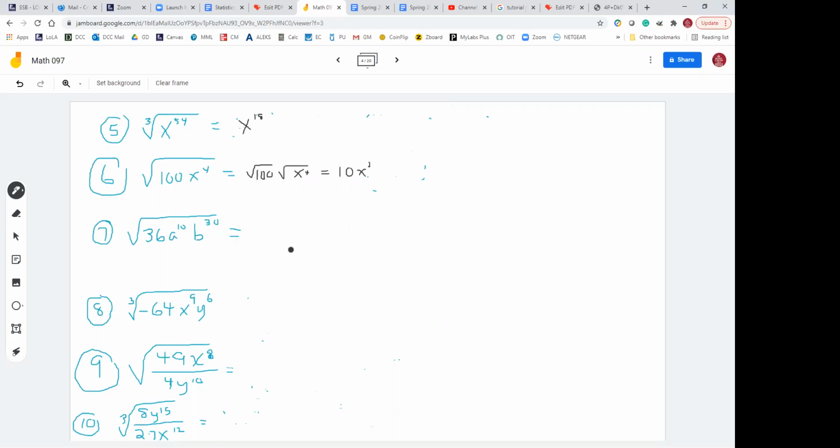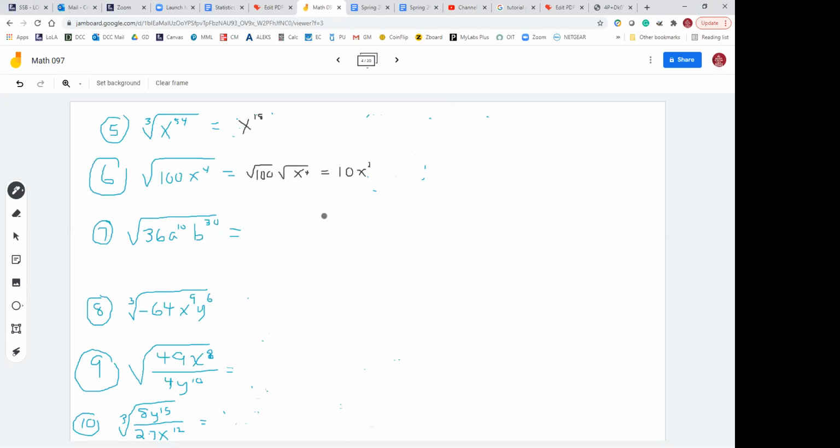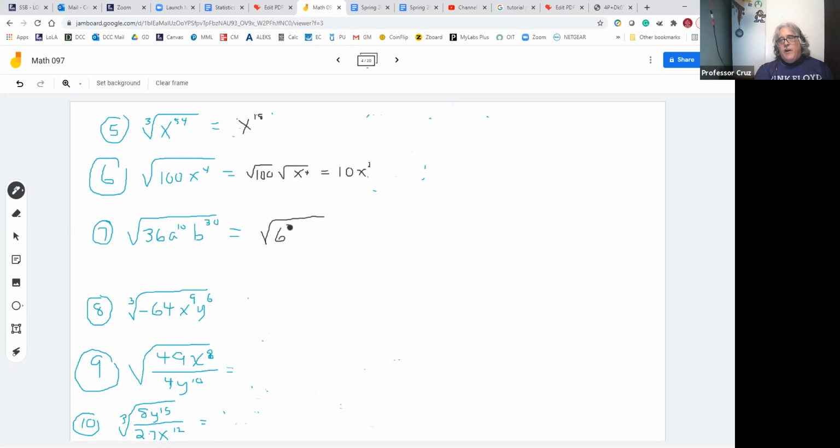6, 8 to the 50, 15. See, if we intended to write 6 squared rather than write 36, then we could play the same game with all of these by just taking half of each one of those exponents.